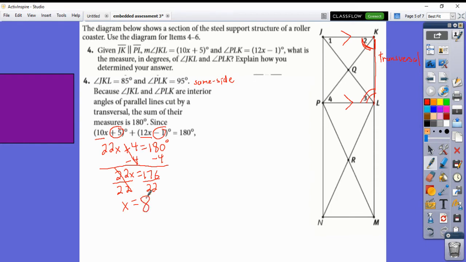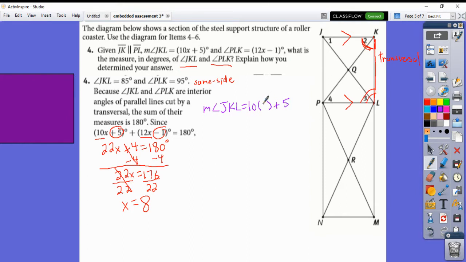And you might think, oh man, what an easy question, I can move on. Not so fast. They're asking us for the measure of angle JKL and the measure of angle PLK. And it'll actually be kind of nice that they're asking us for those in degrees, because then we can use that to check our work, right? For the measure of angle JKL, it's 10 times whatever x is plus 5 degrees.